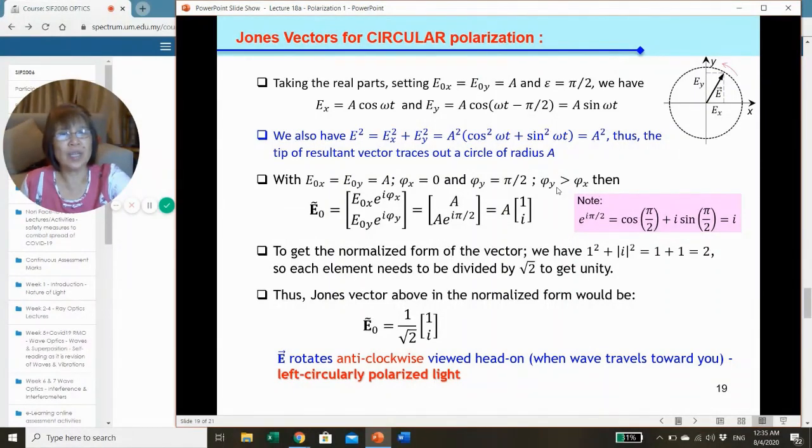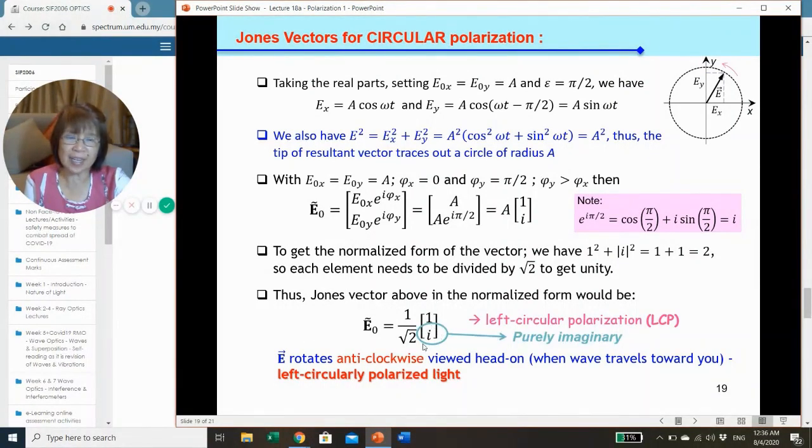Because we have phi y larger than phi x, E is going to rotate in an anti-clockwise direction when we view it here. That means the wave is coming towards you. So that gives you left-handed circular polarization, because if you use your left hand to point to the source, your fingers will curl in an anti-clockwise direction.